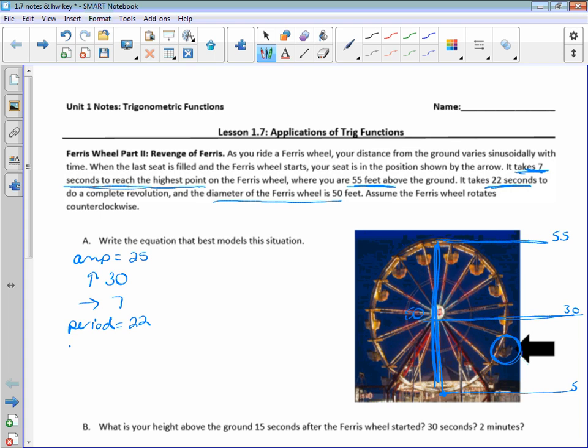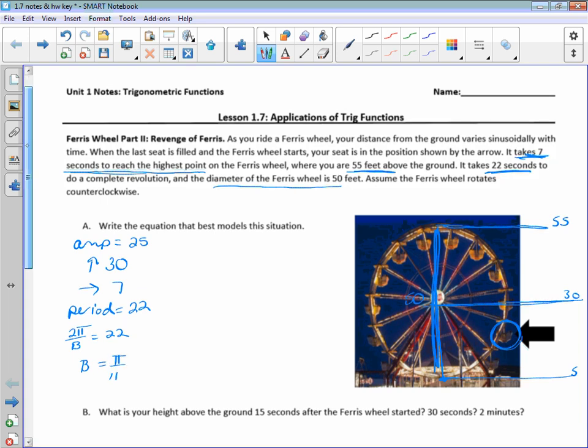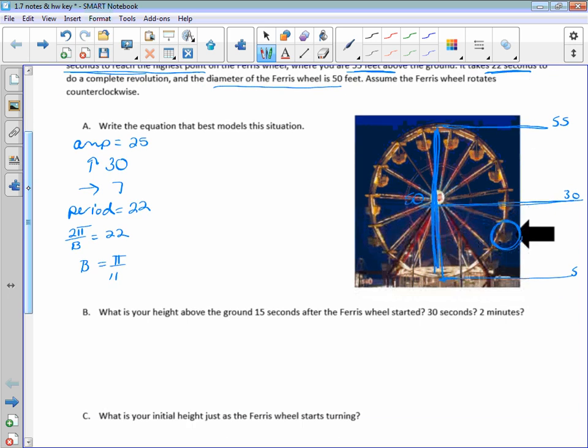So you do 2 pi over b equals 22, and we get b is pi over 11. Are you with me on all the pieces of our equation? Yes.